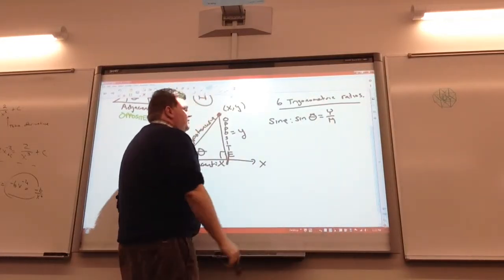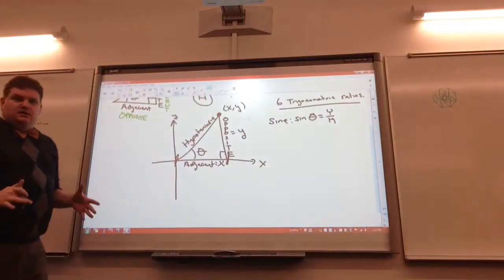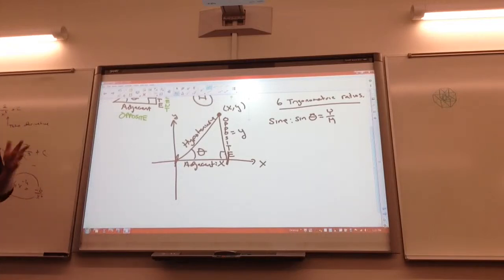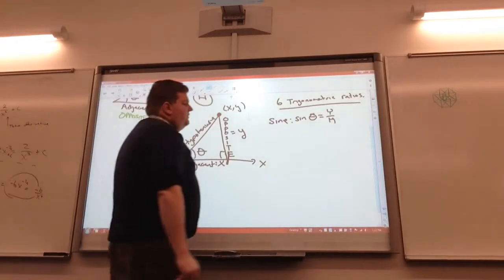So if I do this thing called the sine to the angle theta, it's equal to the opposite side divided by the hypotenuse side, okay? And so it's a way then to equate the sides of the triangle to the angle, or vice versa, the angle to the sides, okay? So that's the first one, the sine.